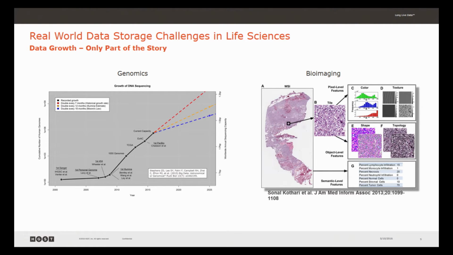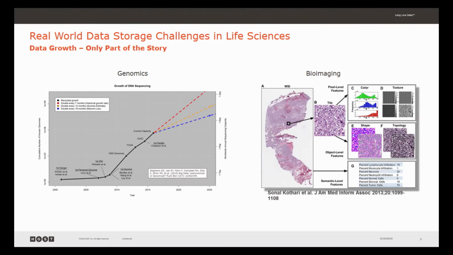The historical line. All I can say is I wish my retirement plan looked like that, but it sure doesn't. The red line is data doubling every 7 months. And the center line is every 12 months, and that's the accepted growth rate.